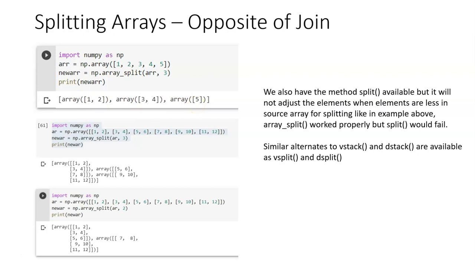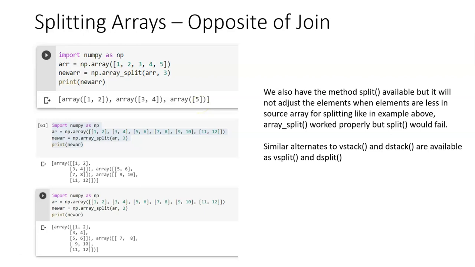The other way of splitting, okay, we can just use the word split. But when you use the word split instead of array underscore split, the dimensionality needs to be taken care of. If I use np dot split instead of array underscore split, I will actually get an error because the dimensionality is not taken care of.